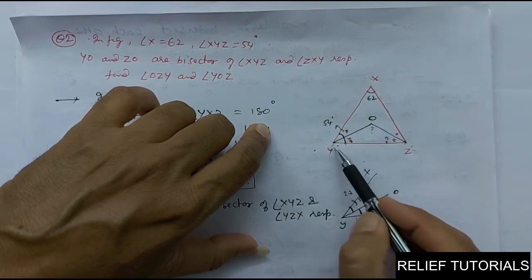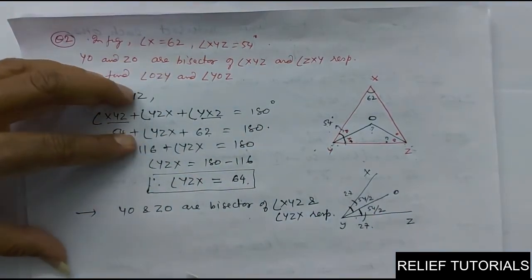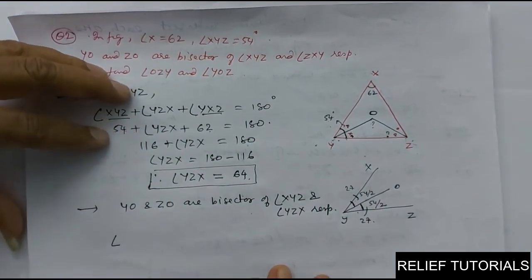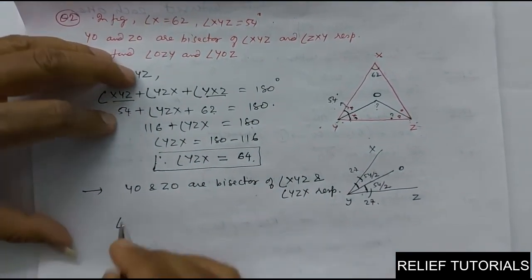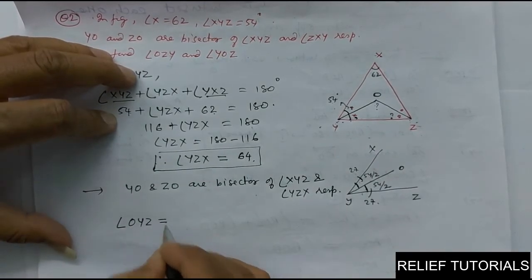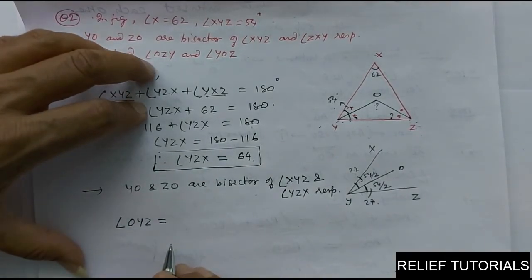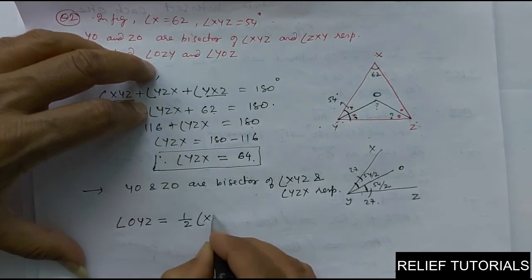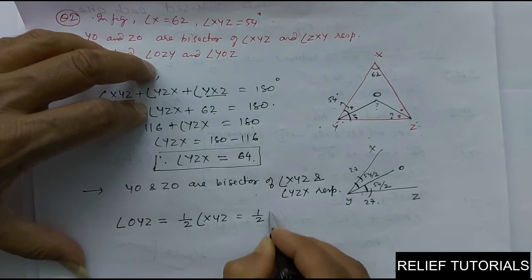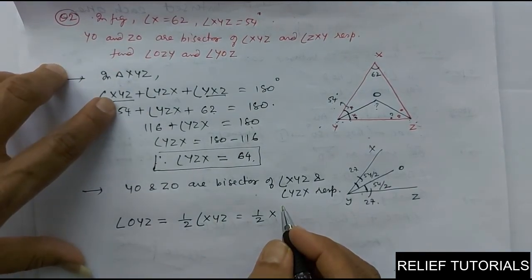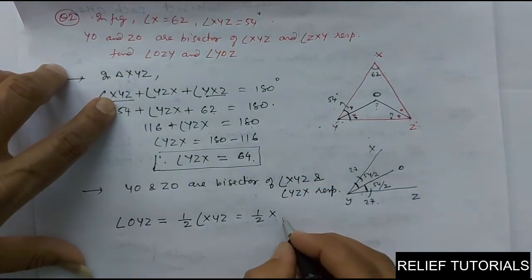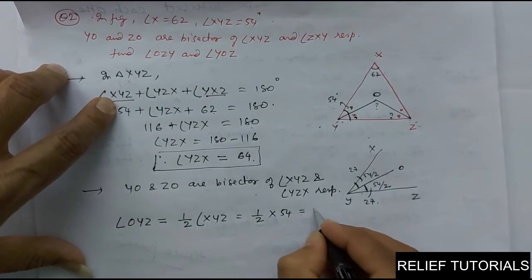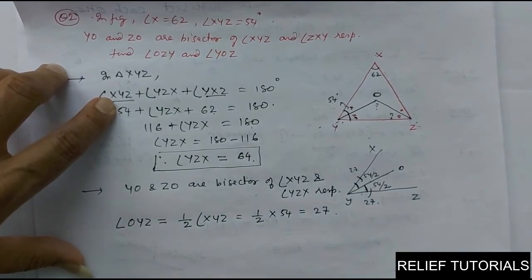So we will find OYZ. Angle OYZ is a bisector, so it is half of angle XYZ. Angle XYZ is 54, half of 54 is 27.